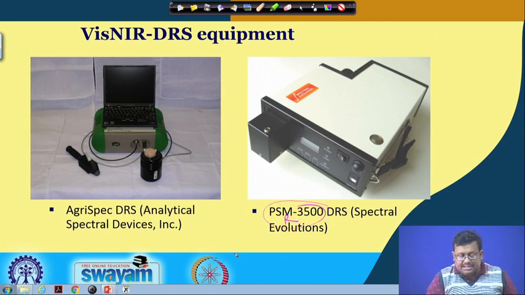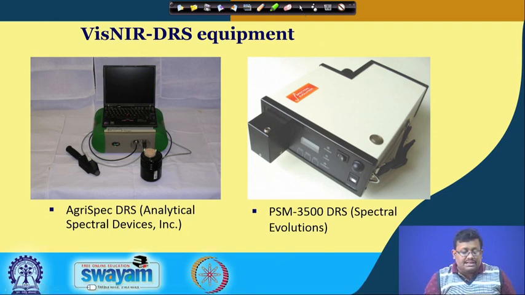So, please correct it: it is PSR 3500. These are 2 important instruments nowadays available for VisNIR-DRS measurement. Let us go ahead and see the internal configuration of these 2 instruments.